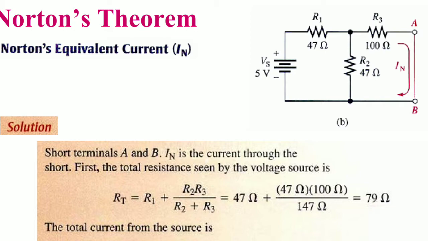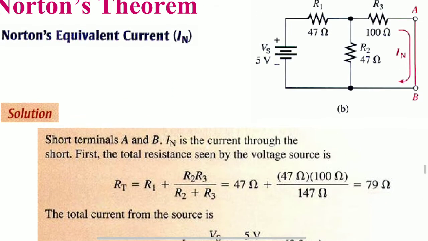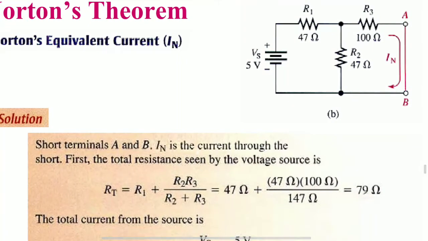First, the total resistance seen by the voltage source. How can we calculate the total resistance? Observe carefully here. Now calculating Norton's resistance Rn.